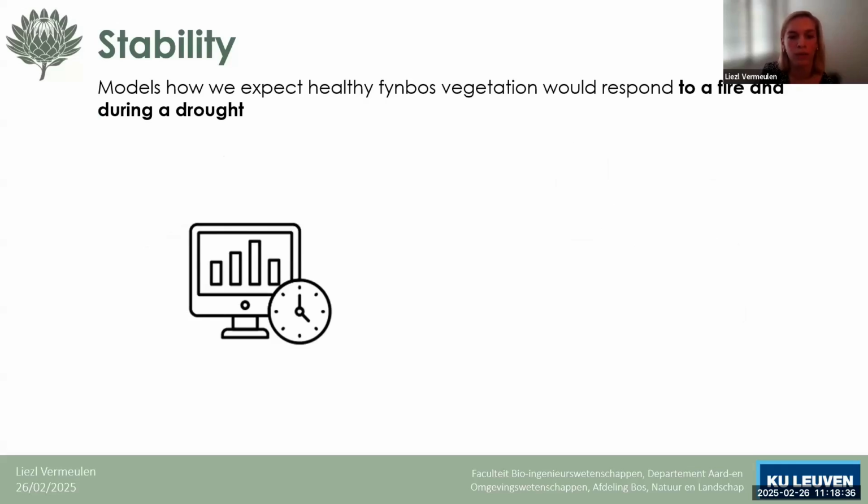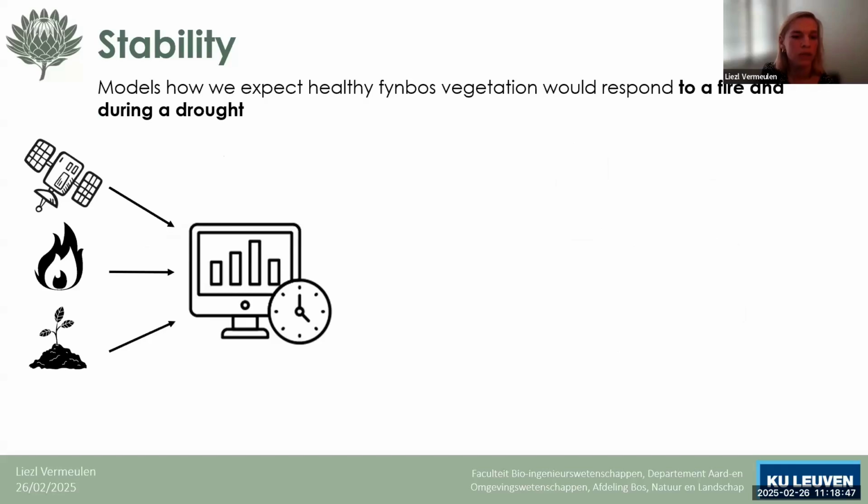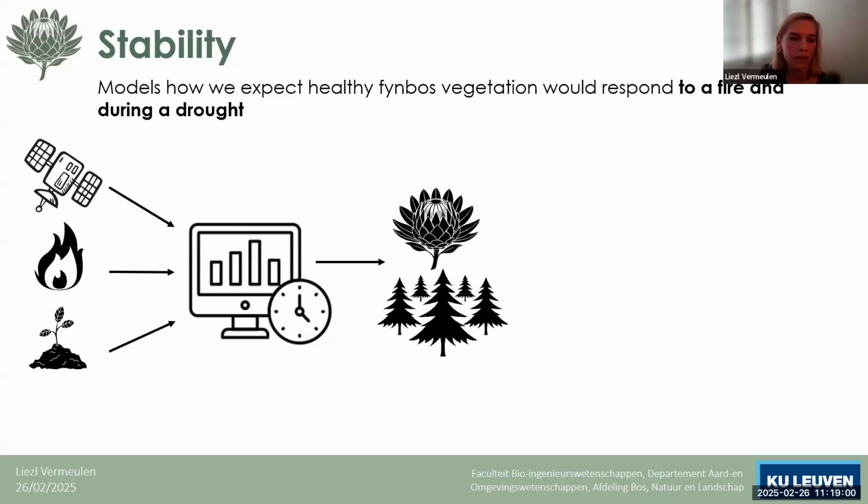So it incorporates a bunch of input variables, for example, a remote sensing time series of vegetation throughout time, fire data to tell us when a fire occurred at each location, as well as some ecosystem characteristics: the soil type, the terrain, and the vegetation type. And based on this information, it can plot for each location what it would expect the healthy vegetation to be like. Then we can use this to compare our stability in terms of natural areas as well as degraded areas.